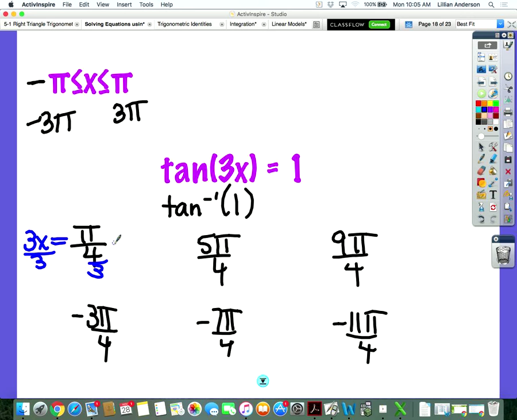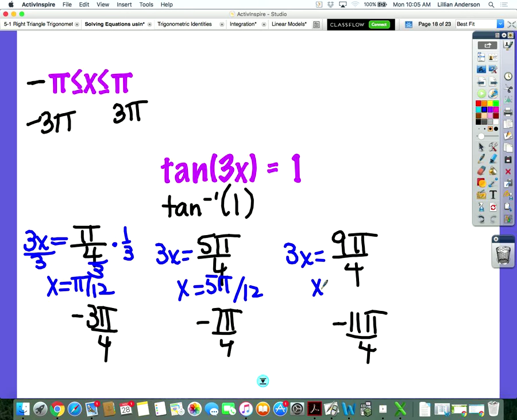When you divide, remember, you multiply by the reciprocal, so one of your solutions is a pi over 12. When you divide this by 3, you'll get a 5 pi over 12. Divide this by 3, you'll get a 9 pi over 12. And what does 9 pi over 12 reduce down to be? 3 pi over 4.